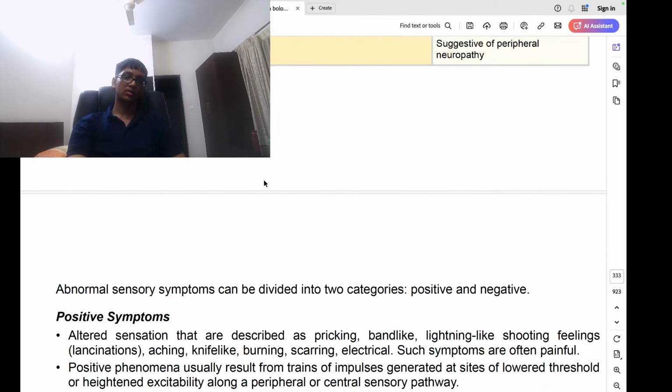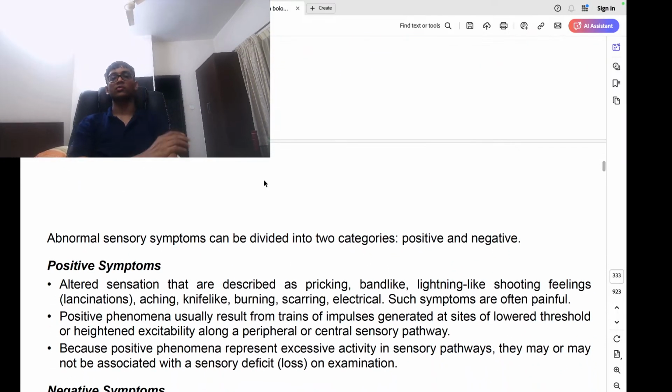Positive and negative symptoms: abnormal sensory symptoms can be divided into two categories, positive and negative. Positive symptoms are altered sensations described as pricking, band-like, lightning-like, shooting feelings, lancinating, aching, knife-like, burning, searing, electrical, and such symptoms are often painful.